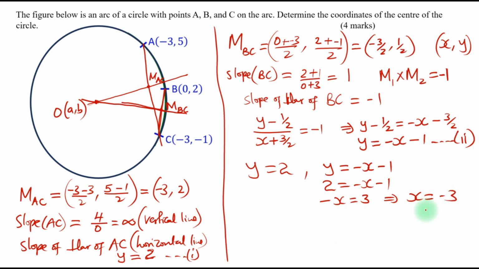And y is 2. Remember we have solved the simultaneous equation. So the point of intersection is the solution. So the value of x is minus 3, and the value of y is 2. Therefore a is minus 3, b is 2, so the center will be minus 3 and 2.